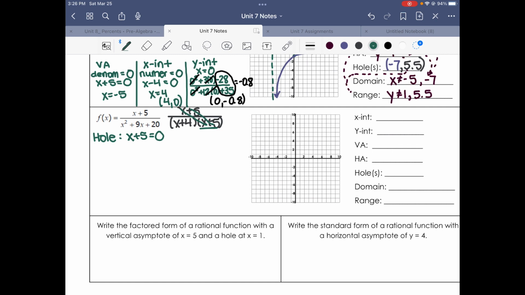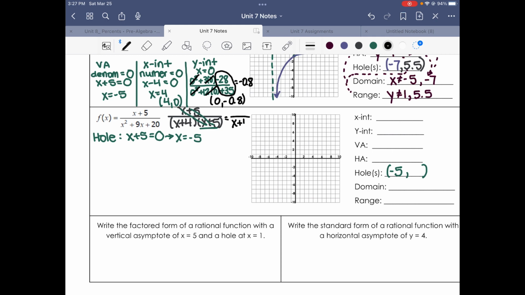But now that we're taking it away, it leaves this hole behind. That means that x would equal -5. And I have to take that -5 and plug it into the equation to find out the y value for the hole. Before I do that, I'm going to go ahead and write this fraction over here.